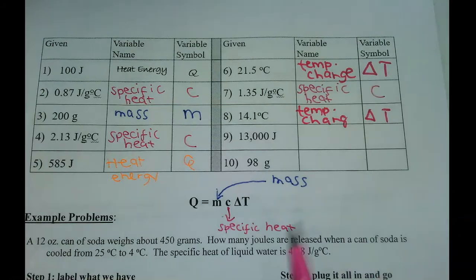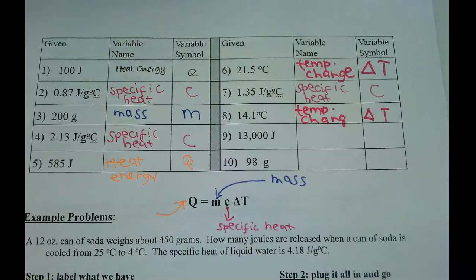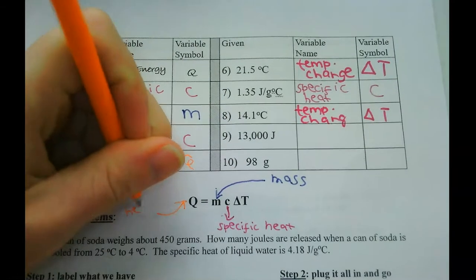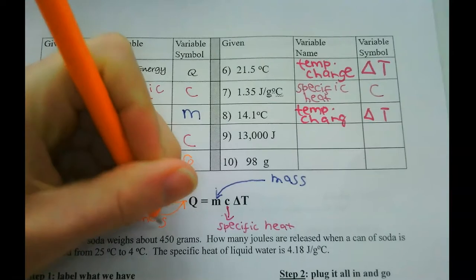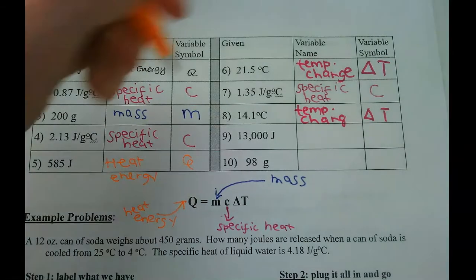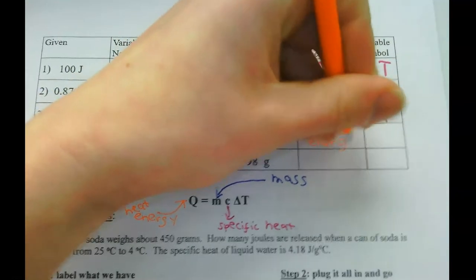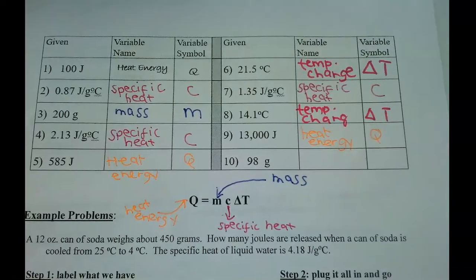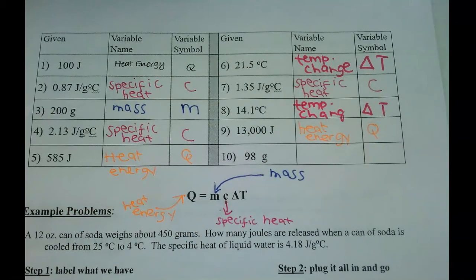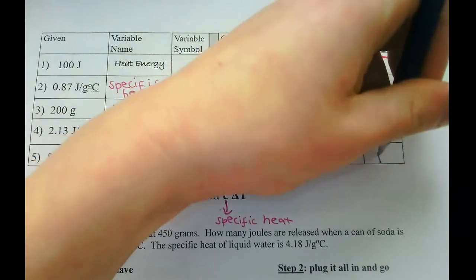And our joules, that is our heat energy, and its symbol is the Q. And last one, G, that lets me know that is mass, and its symbol is M.